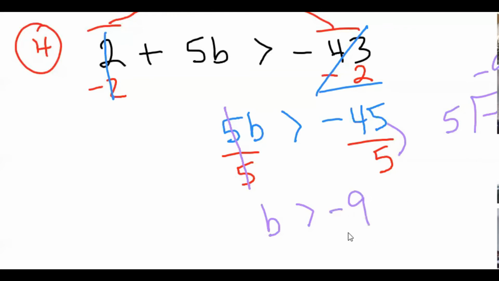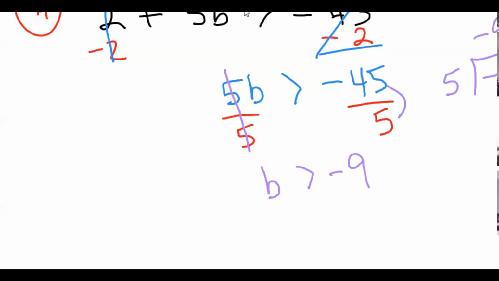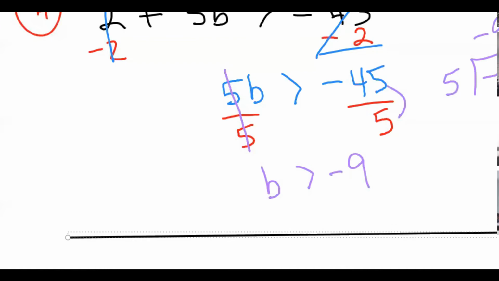And then if we were graphing this out, we're going to go ahead and put our graph line like that. Then we find where negative 9 is on the chart. On our line here, say this is negative 9, and it says that b is greater than negative 9. So that means that our positioning is going to be going to the right, this direction.